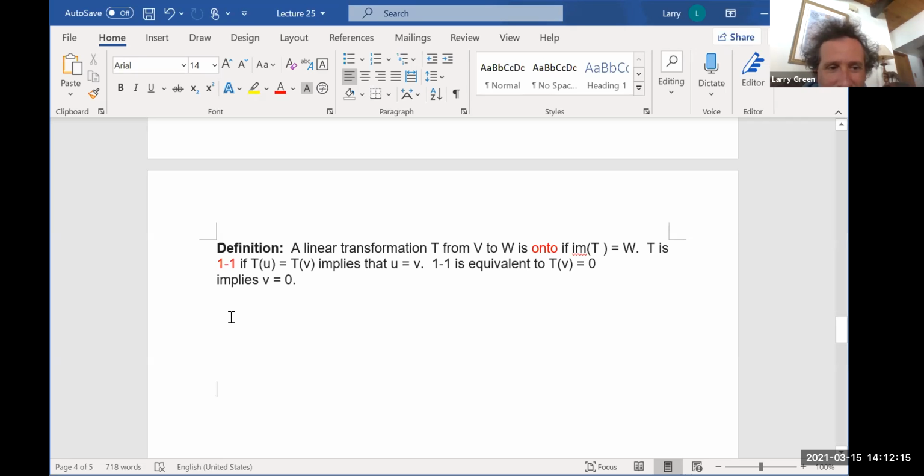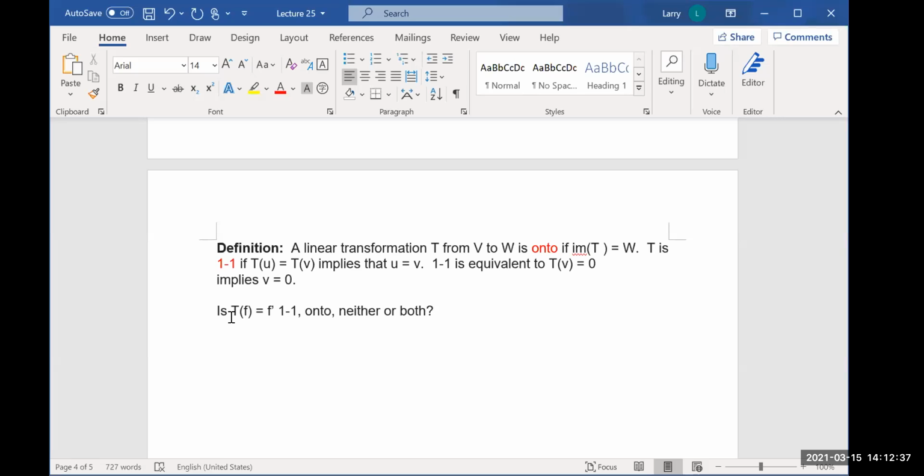Maybe I'll type that out. So is T(f) equal to f prime 1-to-1, onto, neither, or both?